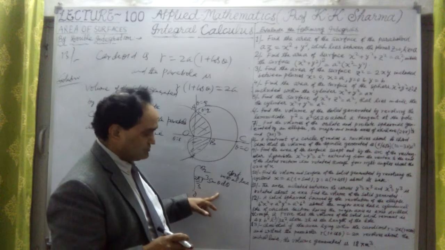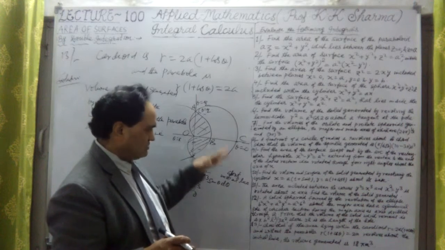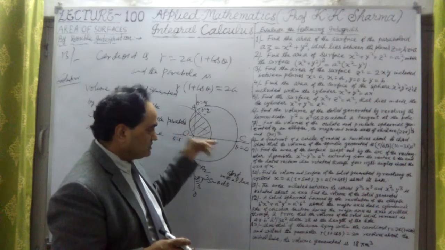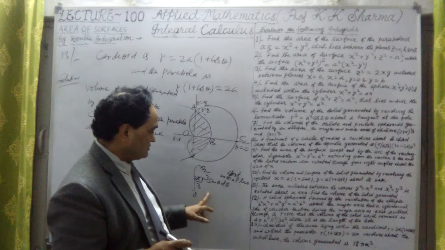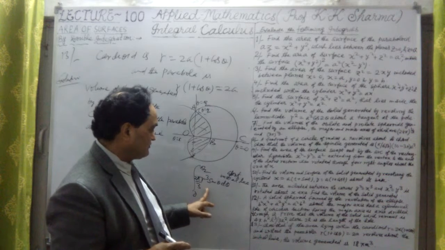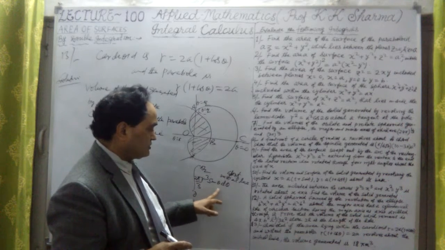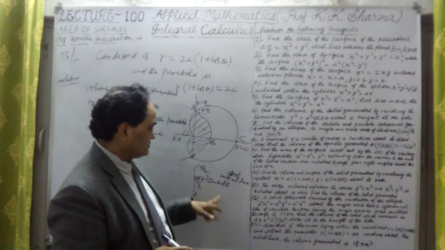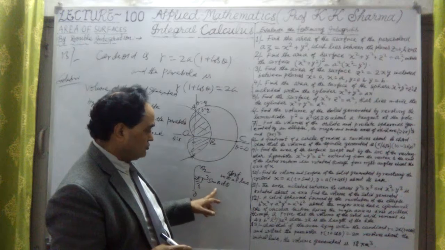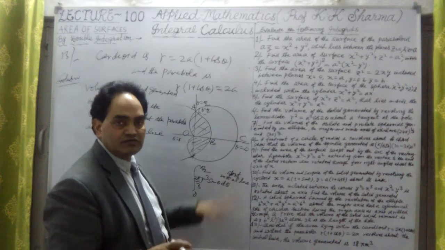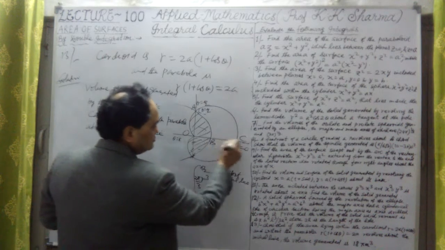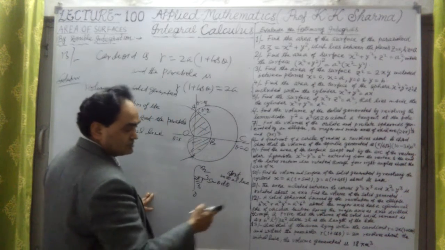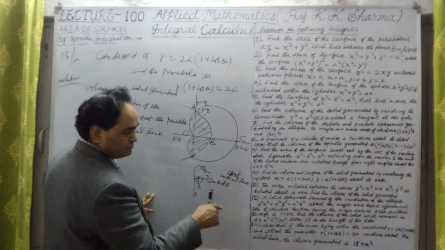The first one, when any arc or solid is revolved about the initial line theta equal to 0, then the formula is 2 pi by 3 into R cube sine theta d theta. If it is about the line theta equal to pi by 2, then it is 2 pi by 3 R cube into cos theta d theta. This is the difference. Now here in this case, it is about the initial line, and the volume generated is 18 pi a cube. This we have to prove.